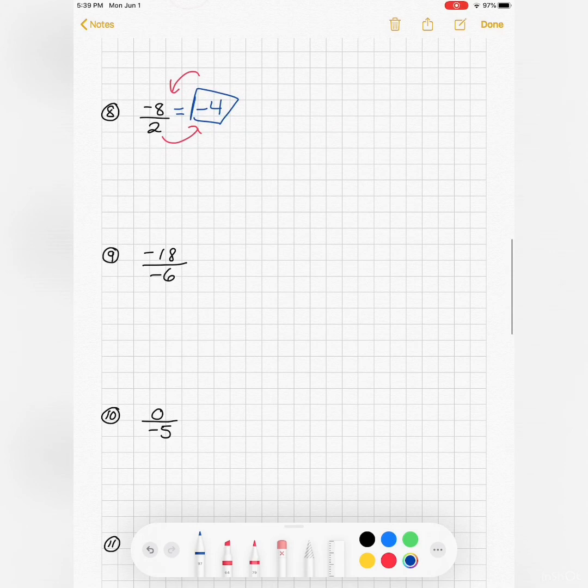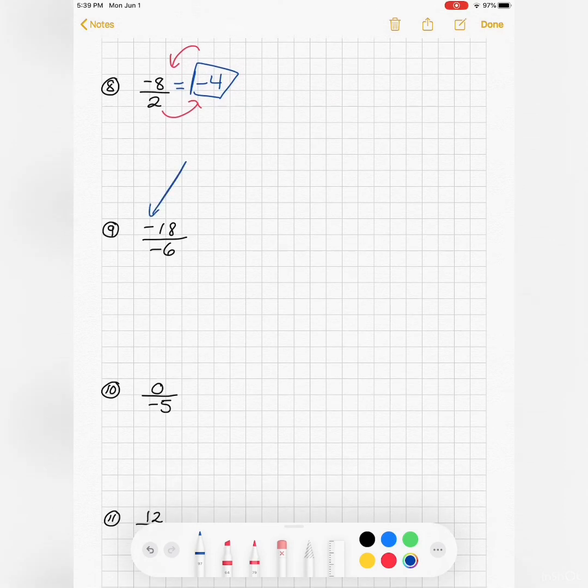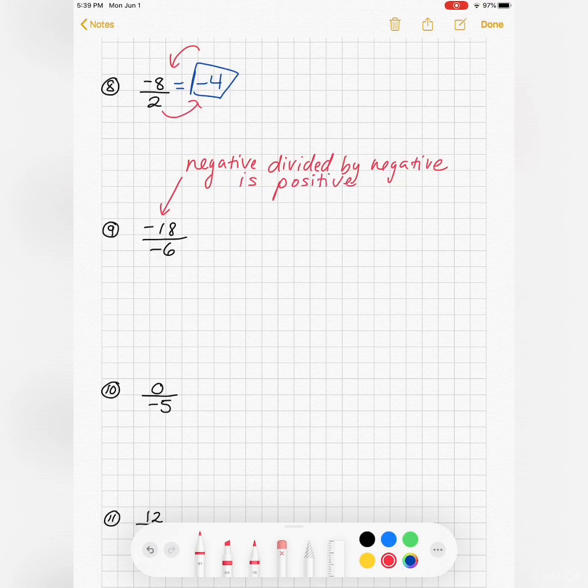I guess we didn't. So similar to multiplication, negative divided by negative cancels out and gives me a positive quotient. So negative 18 divided by negative 6 would be positive 3. Check it, look. Negative 6 times 3 is negative 18.